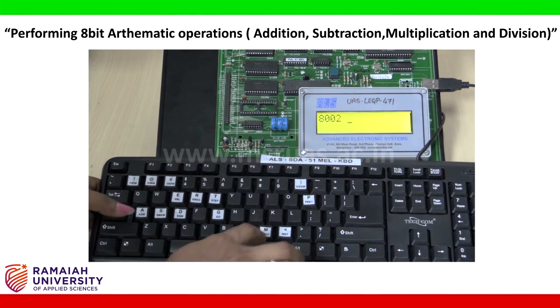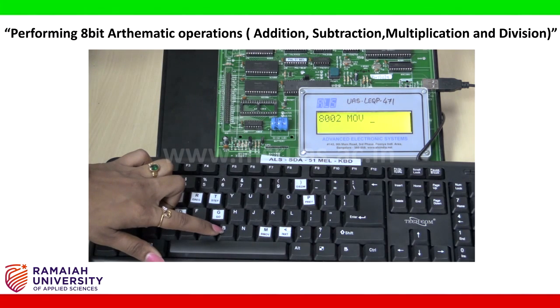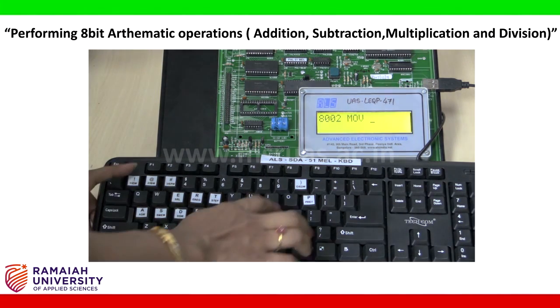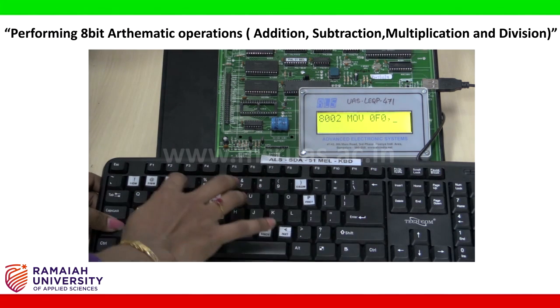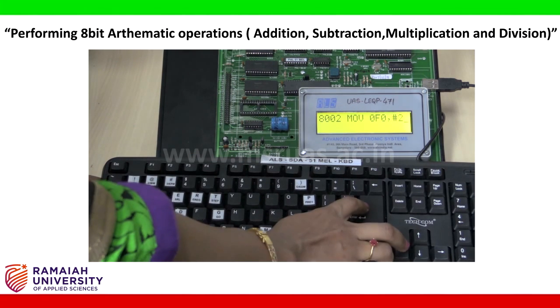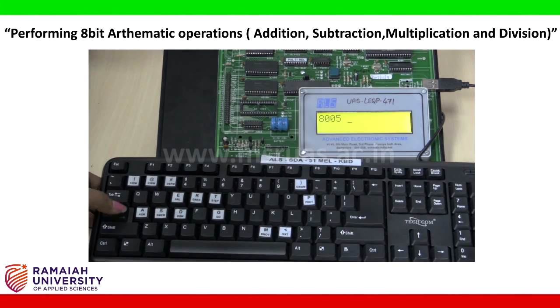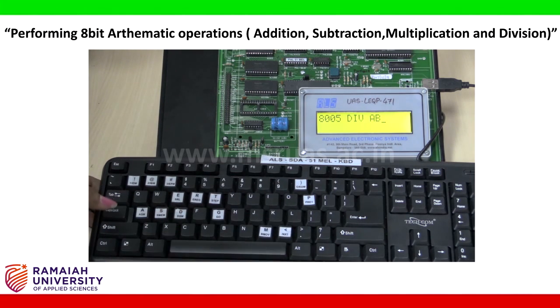Enter twice. Again MOV. There is no provision in the kit to give the B register directly, that is why we need to give the address of B, which is 0F0, hash 2. Enter. Then DIV AB.